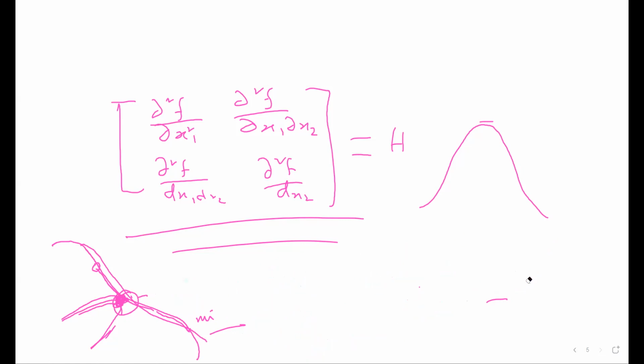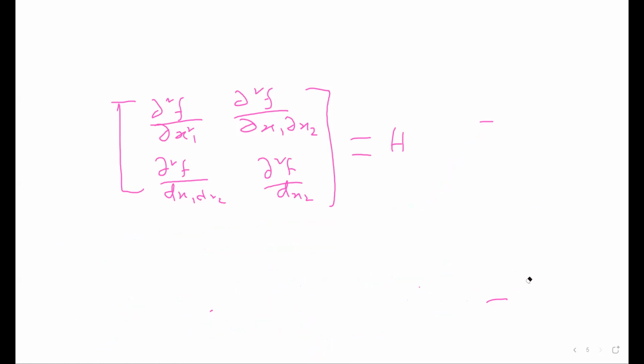If all eigenvalues are positive, then your matrix is positive definite and we will reach a minimizer. If some eigenvalues are 0 and others are positive, we will reach a local minimizer. If all eigenvalues are negative, then we will be at a maximum point.